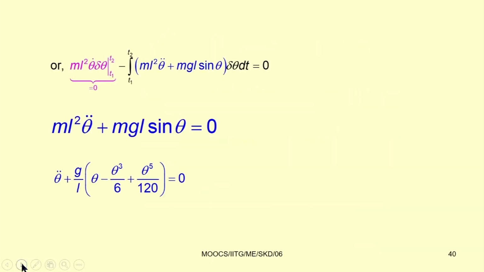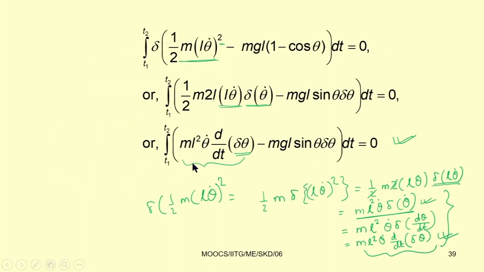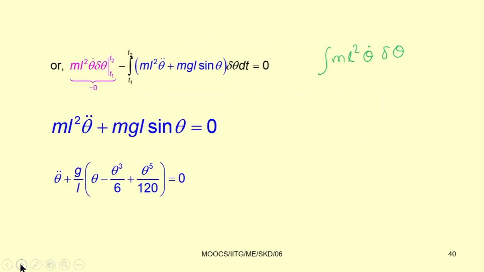Let us see this again: m L square theta dot d by dt of delta theta into dt. This integration you have to do.